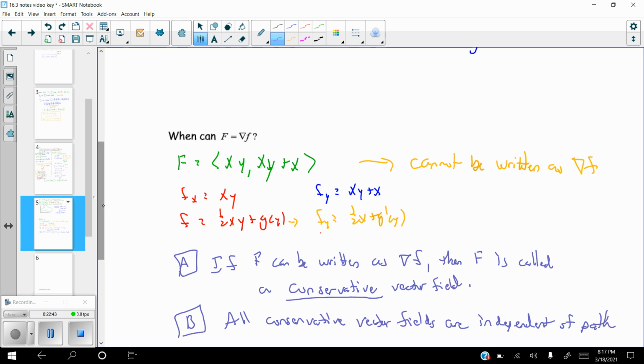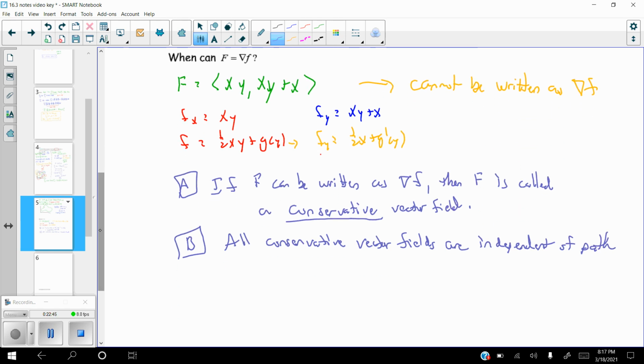Okay, and part C, which is probably the most important part of this whole thing, is how we're going to determine this. So let F be conservative. So we are stating now that it is one of these things above.